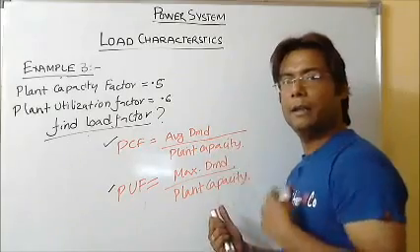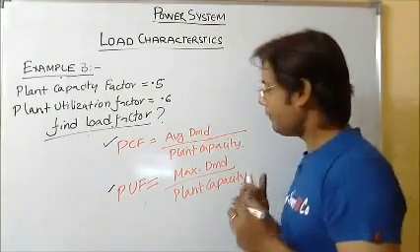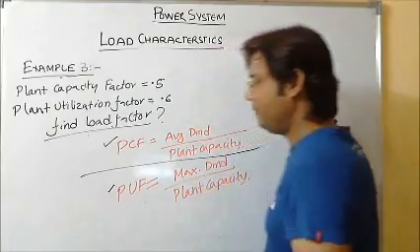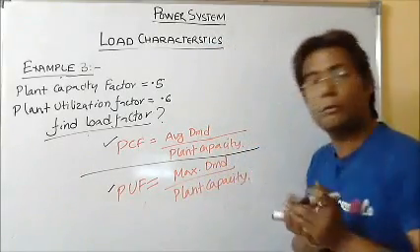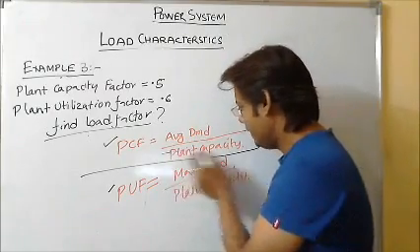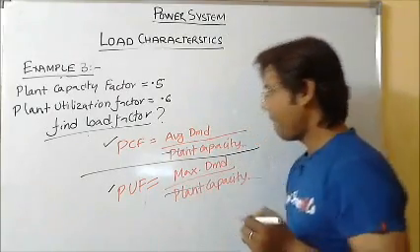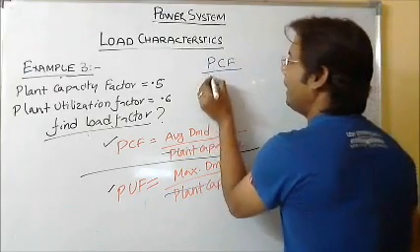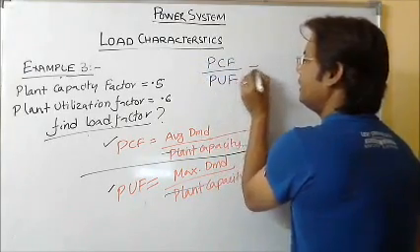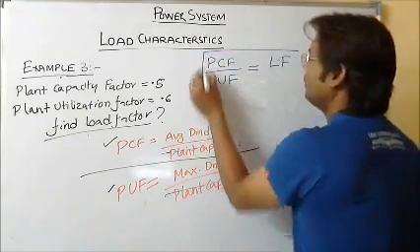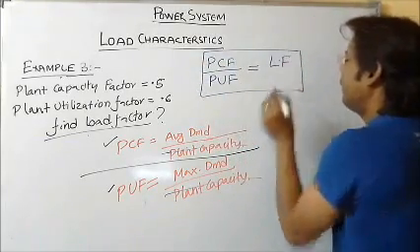These two are given. How to find the load factor? If I divide the plant capacity factor by the plant utilization factor, one can see that the plant capacity cancels out. So plant capacity factor divided by plant utilization factor is directly equal to the load factor. This is a very important deduced formula.